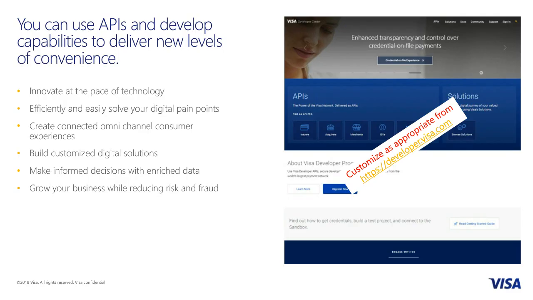So basically, just trying to give some context first. We started in 2016 with the VDP, which stands for Visa Developer Platform Initiative, the idea being pretty much exposing existing and new Visa network services through APIs.